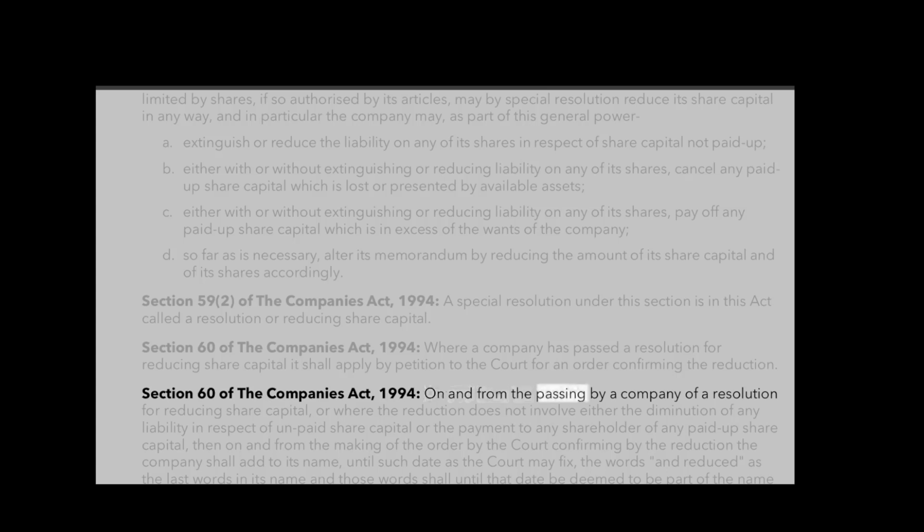On and from the passing by a company of a resolution for reducing share capital, or, where the reduction does not involve either the diminution of any liability in respect of unpaid share capital or the payment to any shareholder of any paid-up share capital, then on and from the making of the order by the court confirming the reduction, the company shall add to its name, until such date as the court may fix, the words "and reduced" as the last words in its name, and those words shall until that date be deemed to be part of the name of the company.